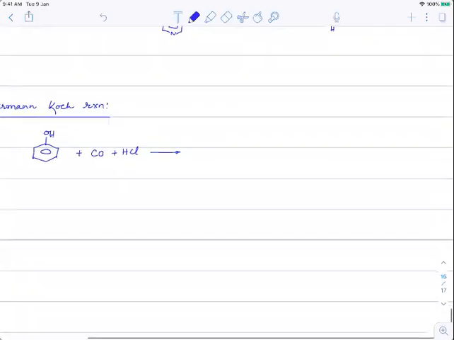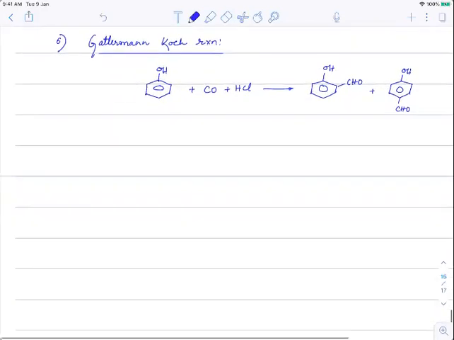With only benzene we call it Gattermann-Koch reaction, and with phenol, it is just called Gattermann-Koch. You have OH and it will give CHO here, at ortho and para positions. OH and CHO, ortho and para positions.